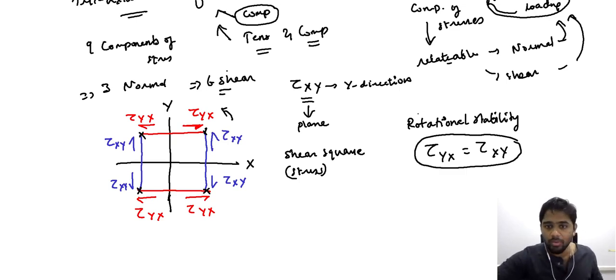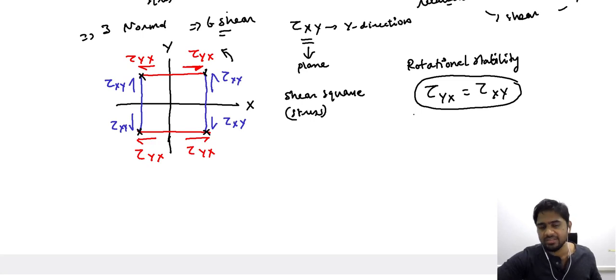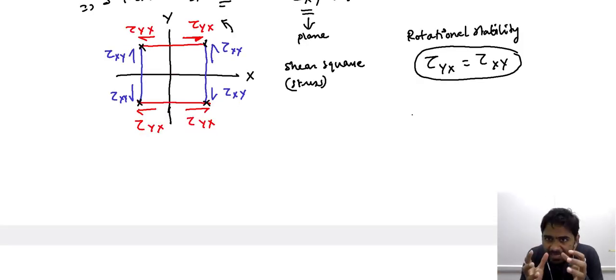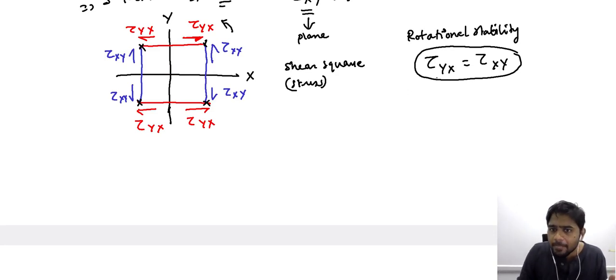What this relation means is that the shear component of the stress acting on the y-plane along the x direction is equal to the shear stress acting on the x-plane along the y direction.